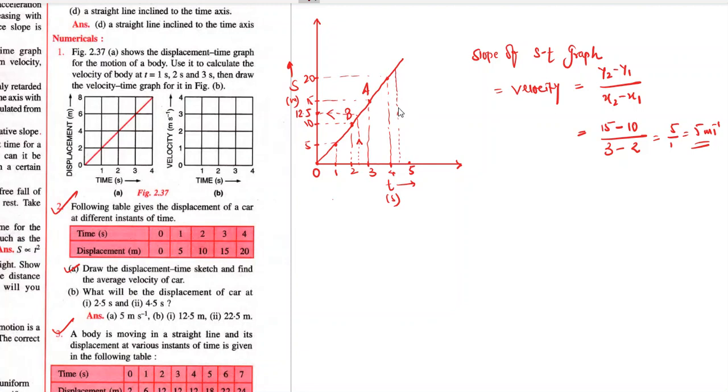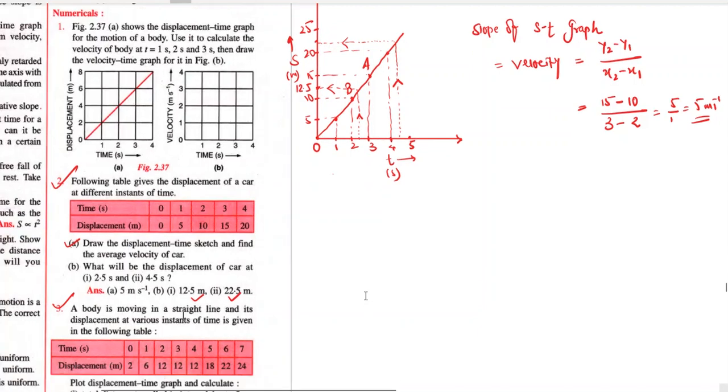You draw a line perpendicular to the x-axis at that point, and then extend it to the y-axis, perpendicular to the y-axis. The point at which it meets y-axis will be exactly between 20 and 25. So if you find the midway between 20 and 25, it would be 22.5. So these are the answer number 1 and 2 of part B. Correct? So question number 2 is solved.